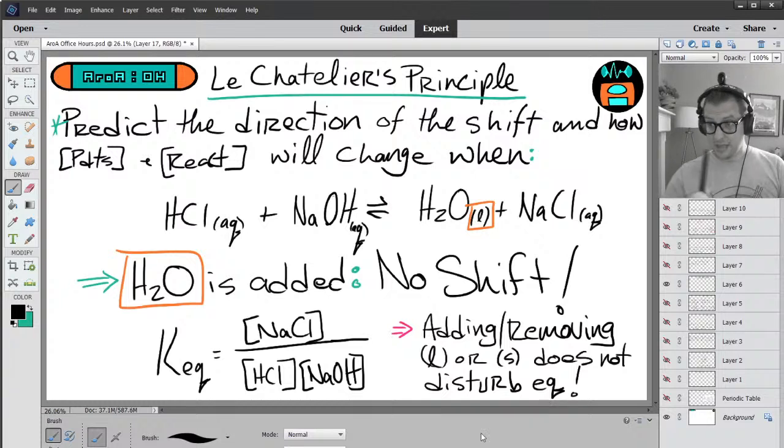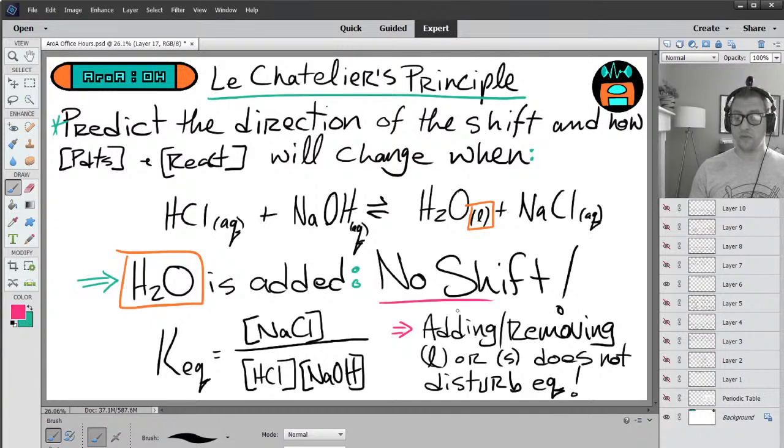All right, so that is the trick to watch out for. Anytime a solid is added or a liquid is added or removed, you're not going to disturb equilibrium. There will be no shift. So watch for that as we move forward today. Watch for it when you run into this on the final. All right.